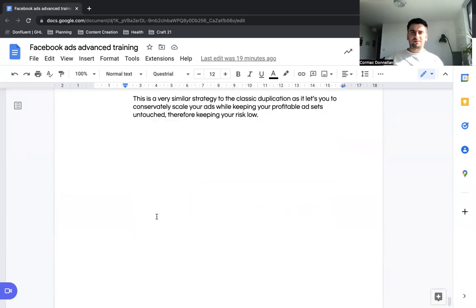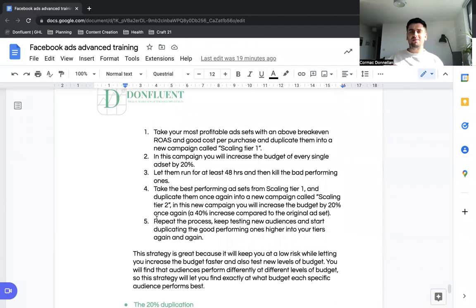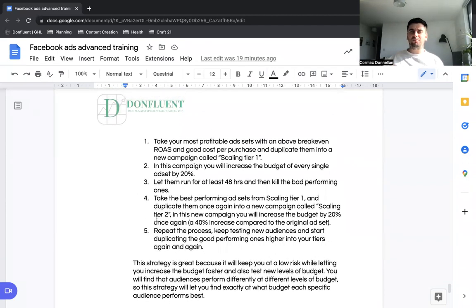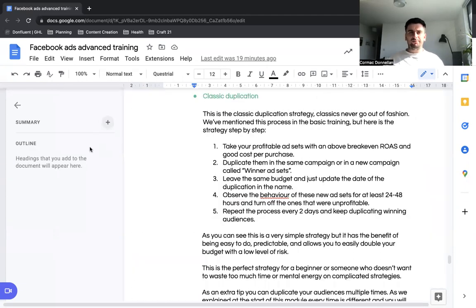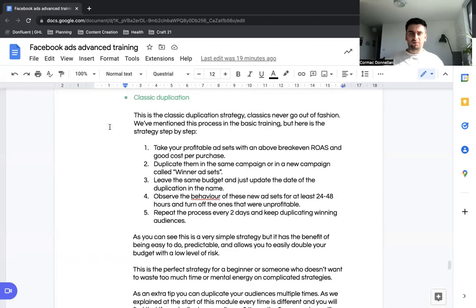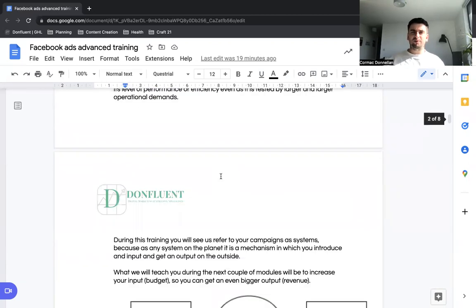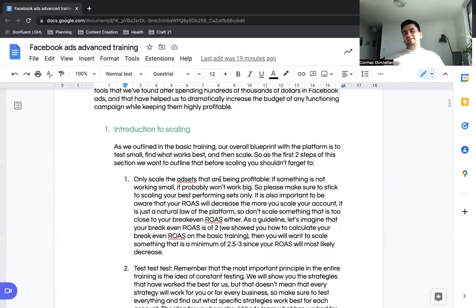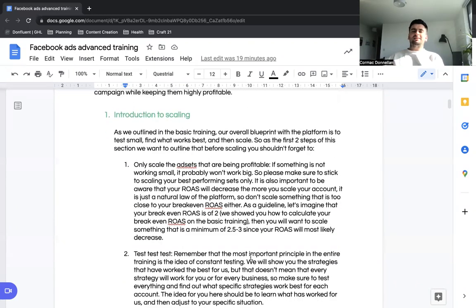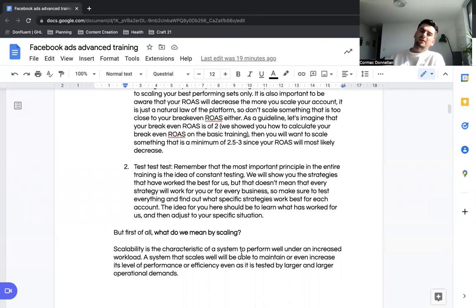And that is basically the end of the intro to the advanced training. So the areas in which we wanted to cover and that we have covered are what is scaling. If we look here, introduction to scaling, only scaling the ad sets that are being profitable, and testing. They're the 2 things that you really need to understand.